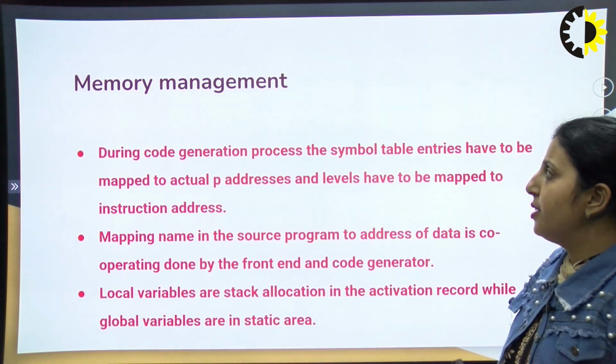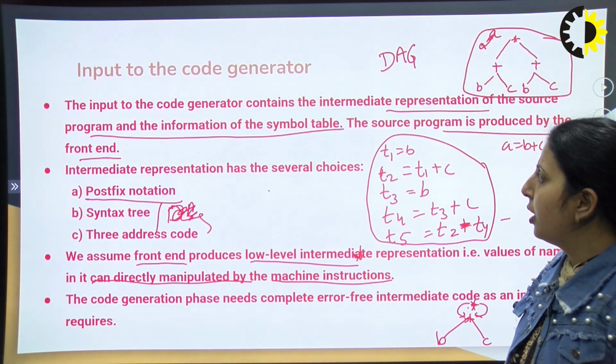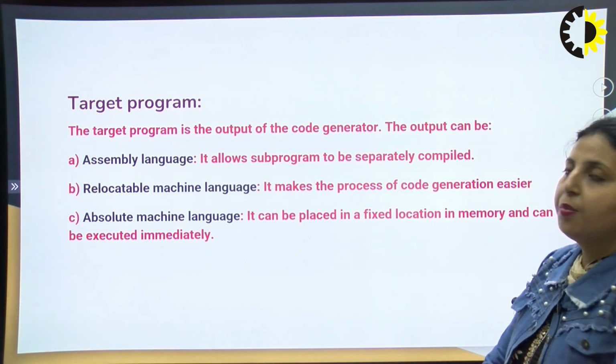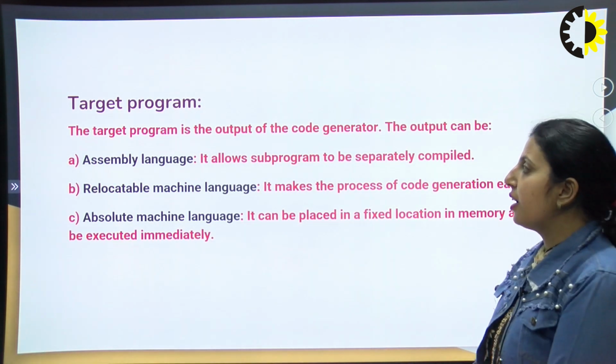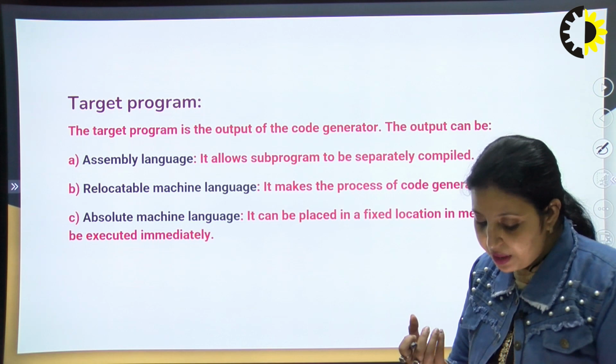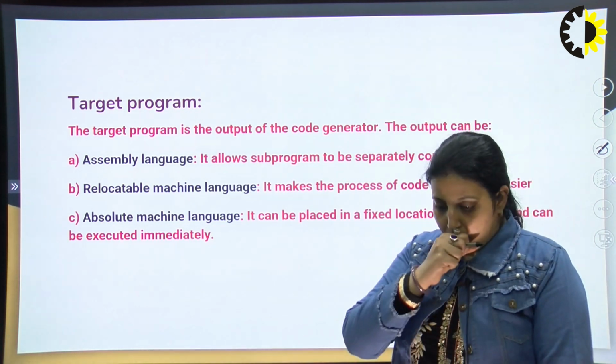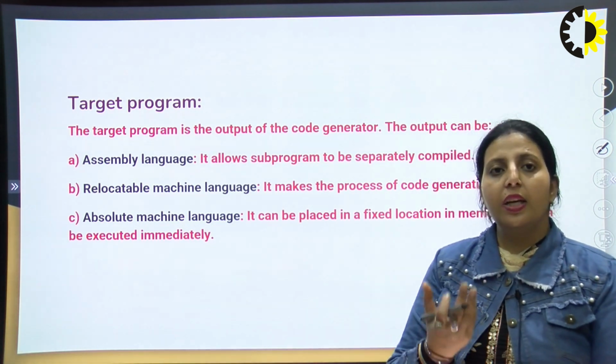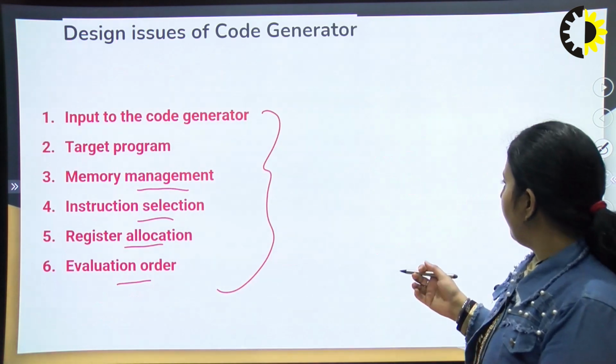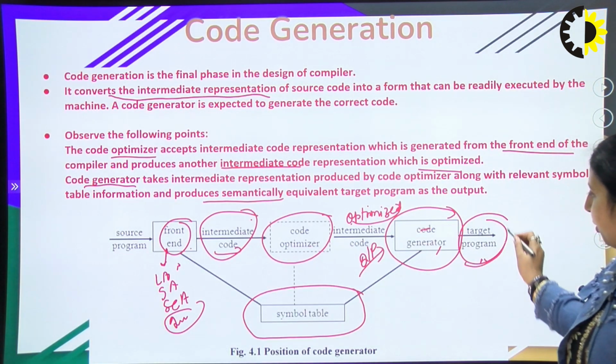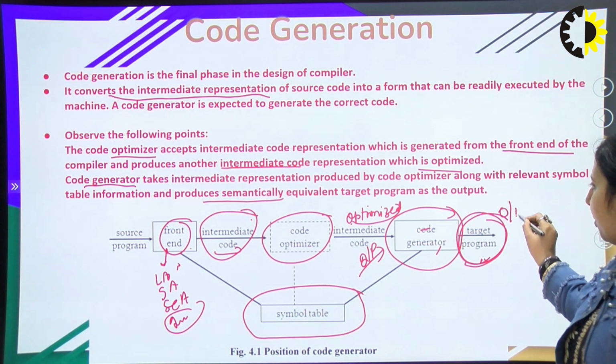Now next is the target program. What is the target program? Target program means the output of the code generator. You can see here the output is the target program.